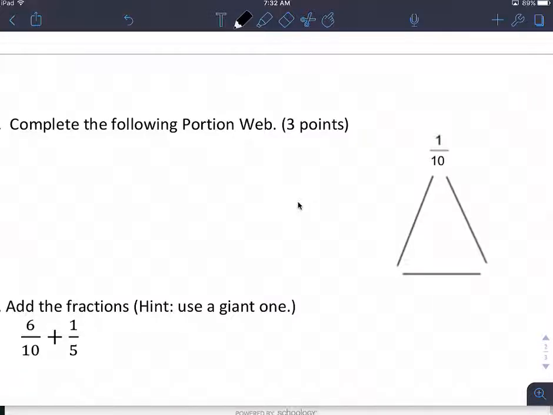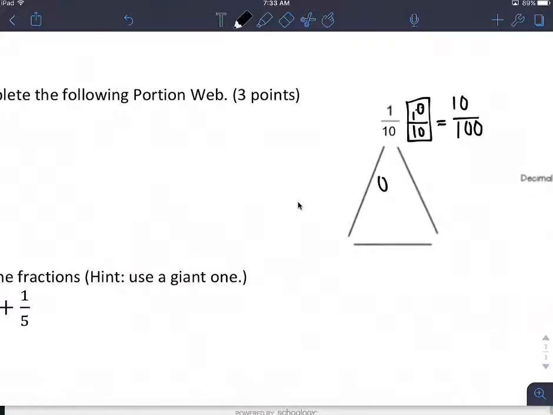Alright, complete the following portion web. Okay, I have the fraction, and I want to make it out of 100. I know if I multiply 10 by 10, I get 100. 1 times 10 is 10.